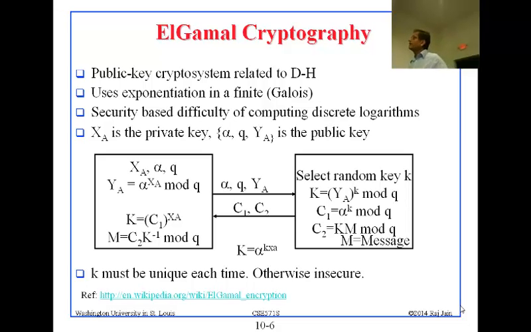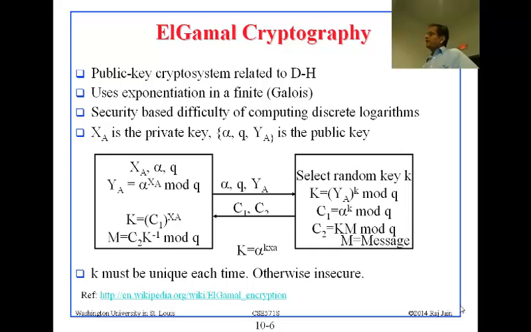Then ElGamal has a very similar method, which is related to DH, Diffie-Hellman. He uses Galois fields, the finite Galois fields that we saw a few chapters ago, and it is again based upon the discrete logarithm.